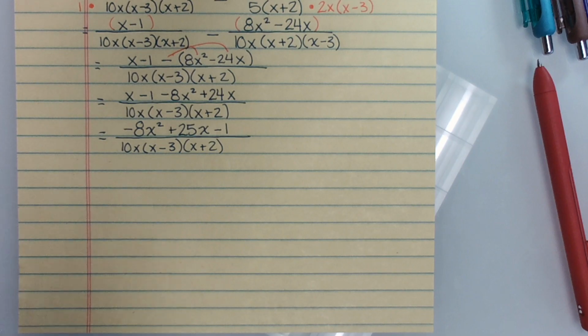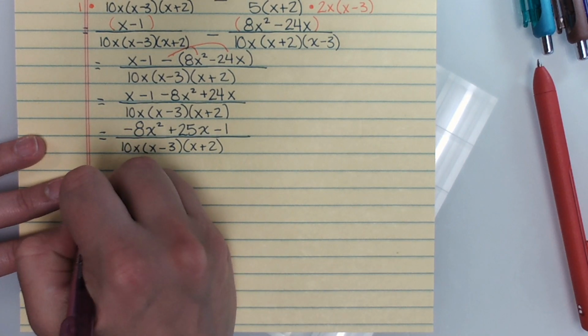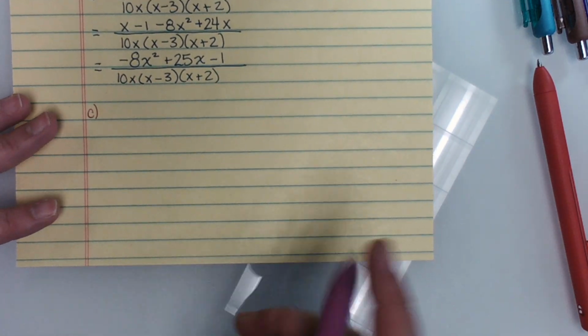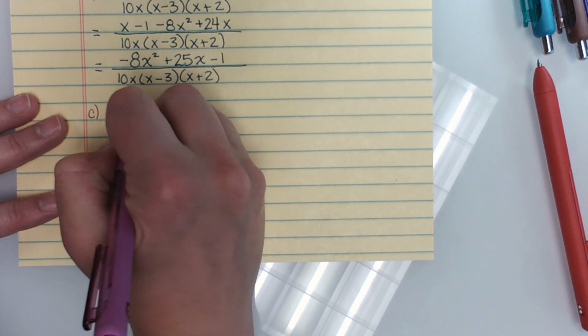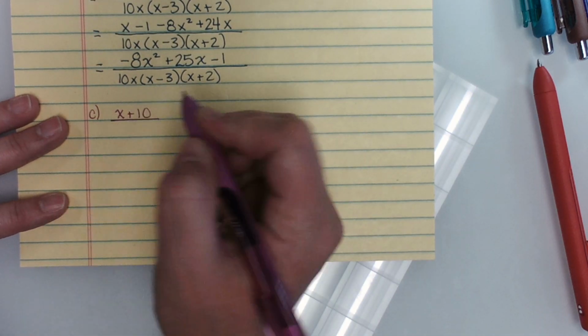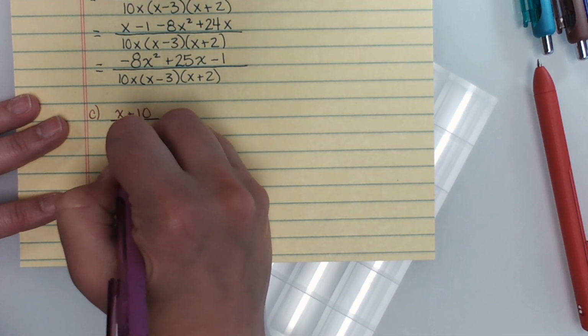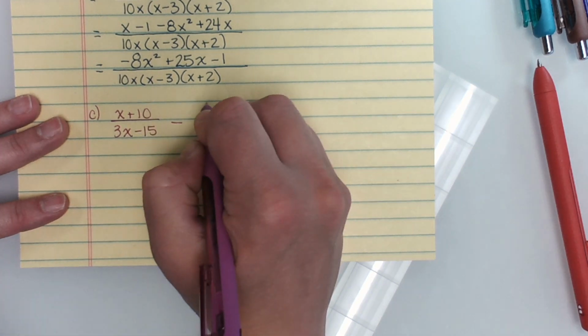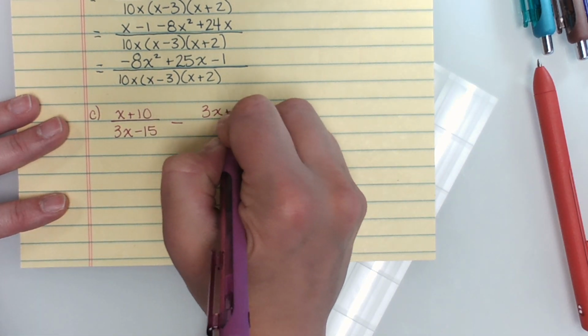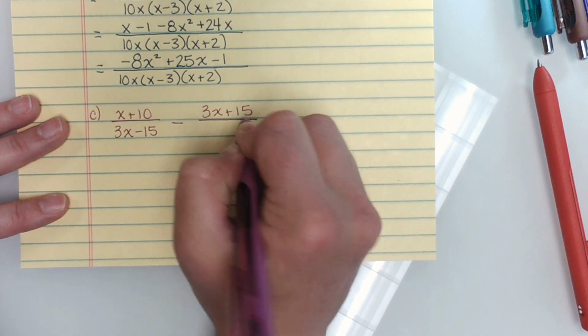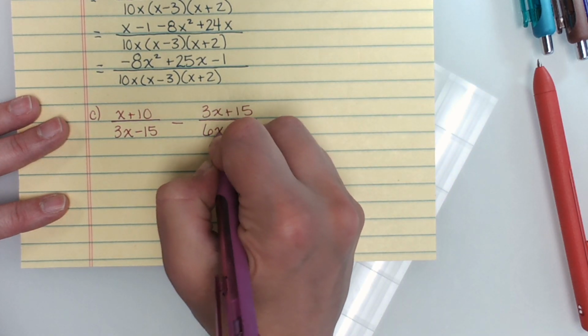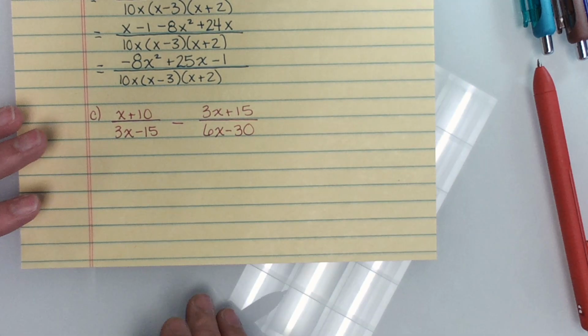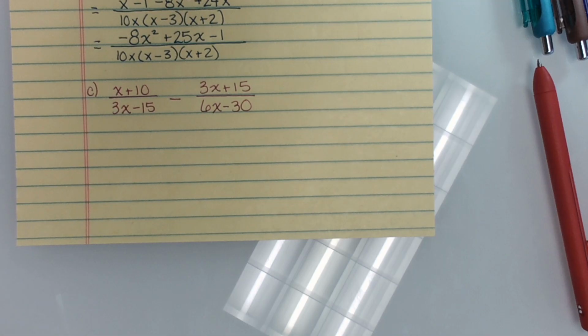Okay, I got one final example for y'all. Do we have a question? Can we get instructions, like a step by step, what you do first, what you do next?